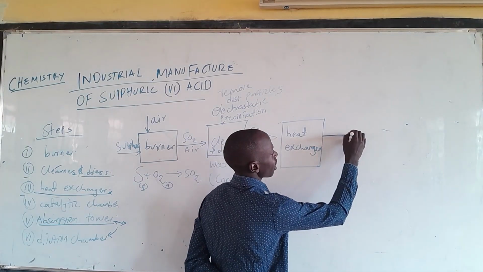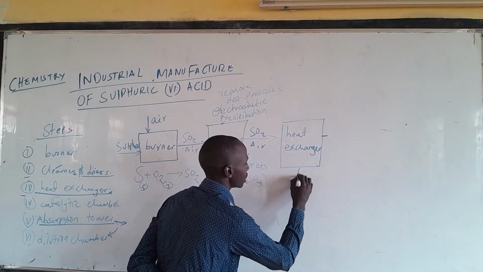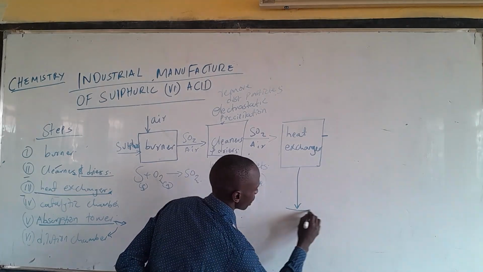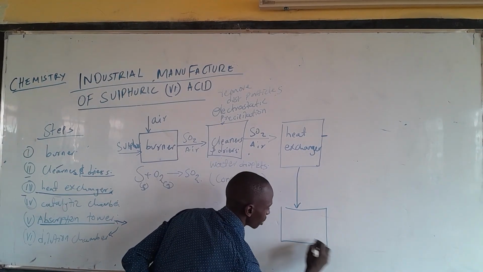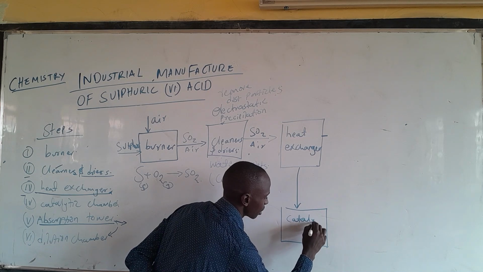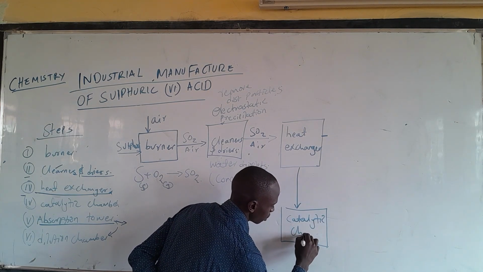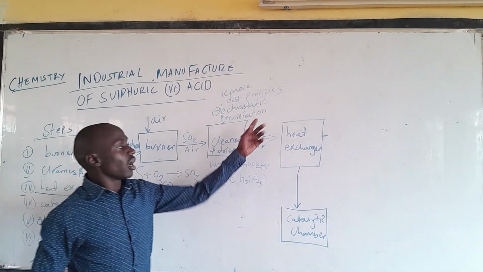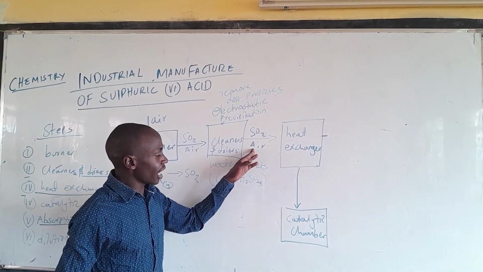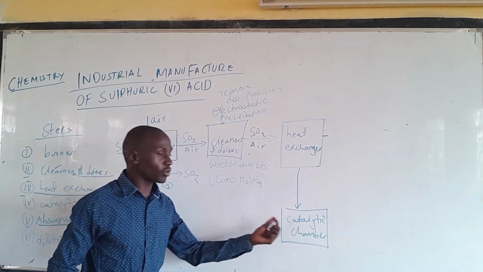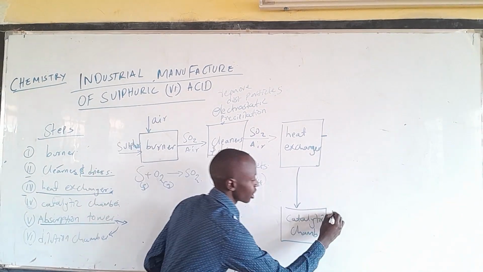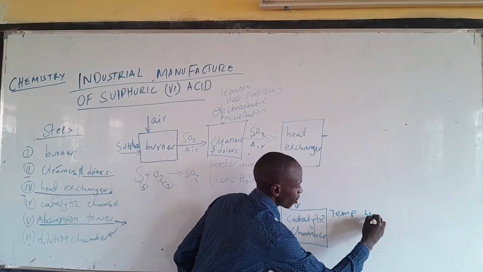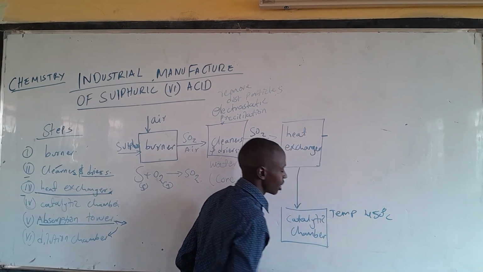Then from here, the gas is then pumped to the catalytic chamber. This is the catalytic chamber. Here in the catalytic chamber, sulfur 4 oxide and air, the temperature is raised up to 450 degrees Celsius. So the temperature here is 450 degrees Celsius.